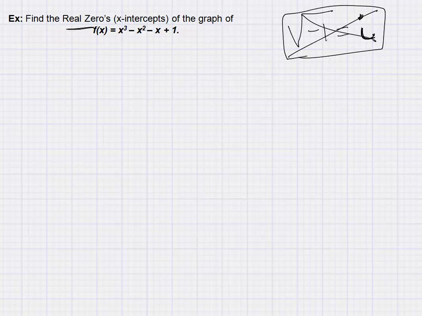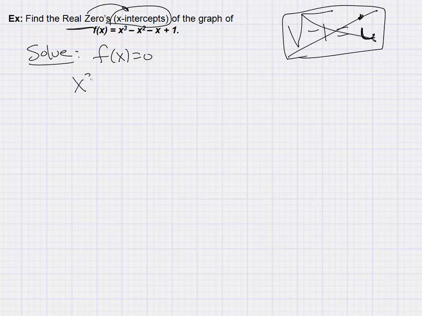If I'm trying to find the zeros for this function, I could word the question a little differently: find the x-intercepts for this function. It would be the same exact question, because zeros and x-intercepts are the same thing. So what I have to do is solve the equation f of x equals 0. I have to figure out when the function is equal to 0.